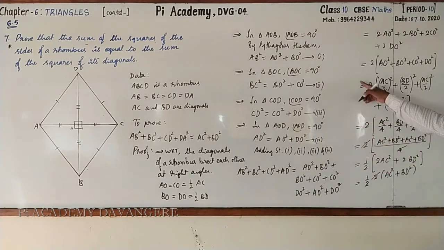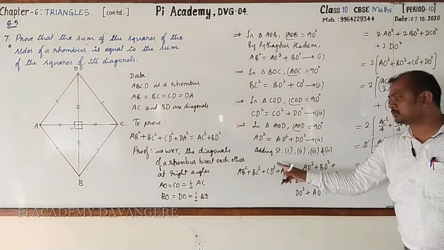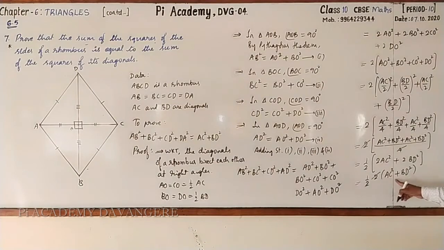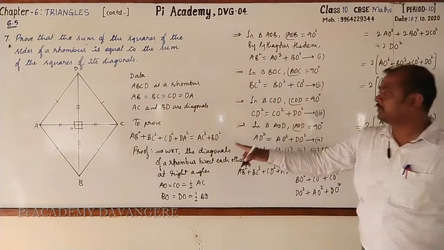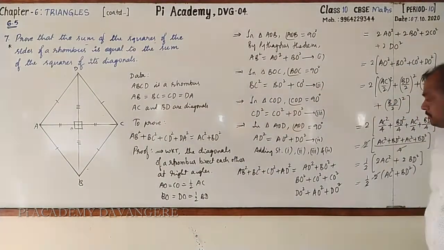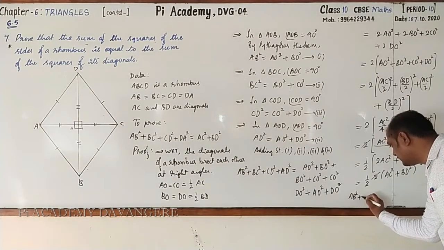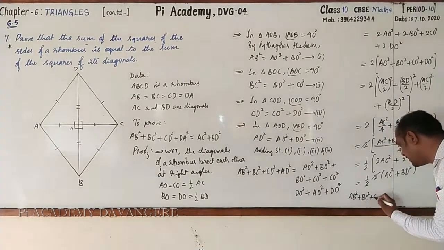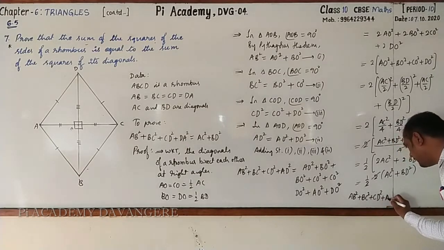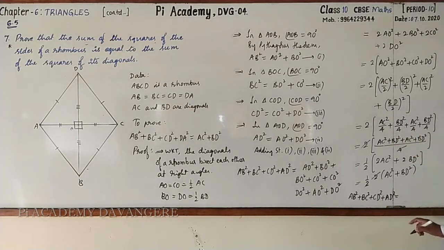Understood? What is LHS part? AB square plus BC square plus CD square plus AD square. RHS part? AC square plus BD square. Hence the statement is proved. Here I write AB square plus BC square plus CD square plus AD square is equal to AC square plus BD square.